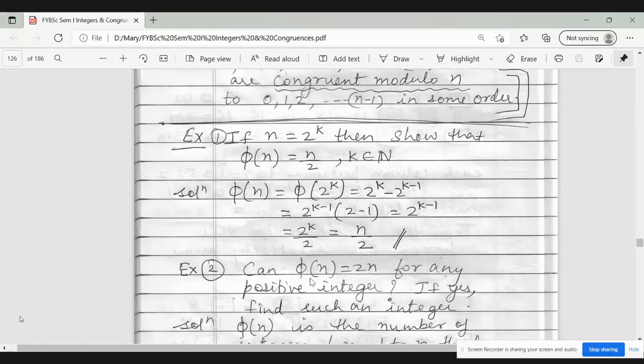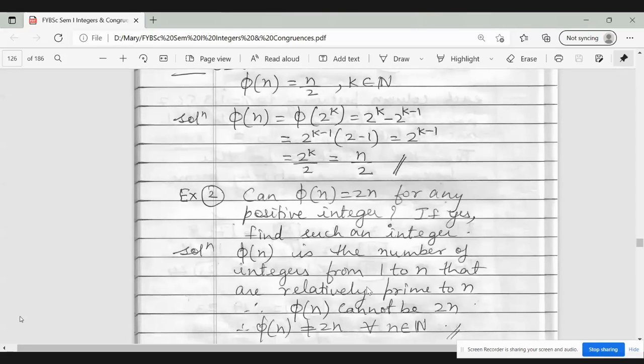One sum here, just look at this. Can phi of n be 2n? What is your answer for any integer? If yes, find an integer. The answer is no. Why can phi of n not be 2n? Here we got n by 2, but we will not get 2n, because phi of n is the number of numbers from 1 to n which are relatively prime.